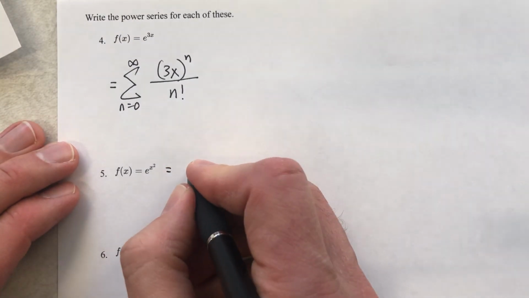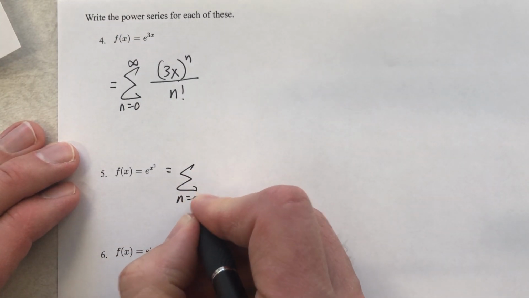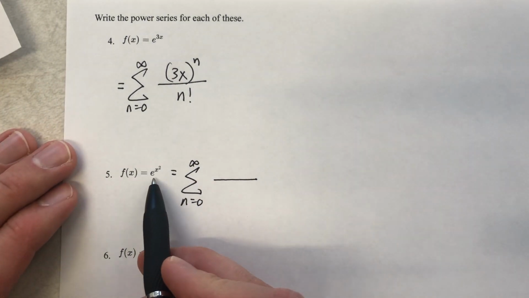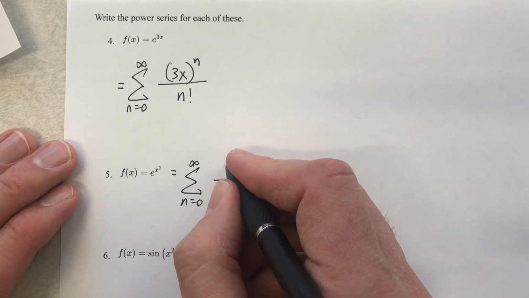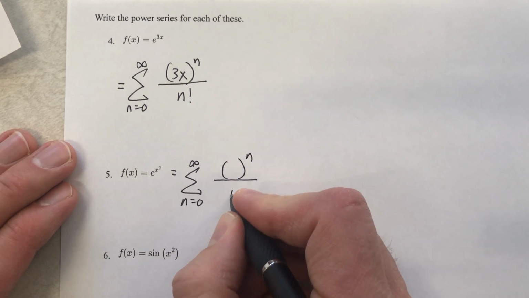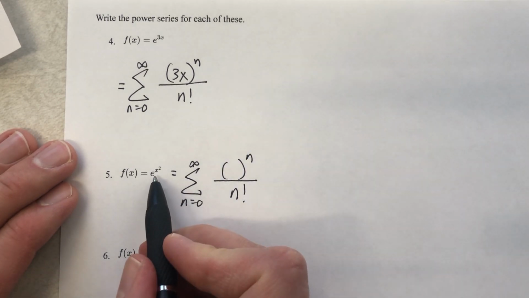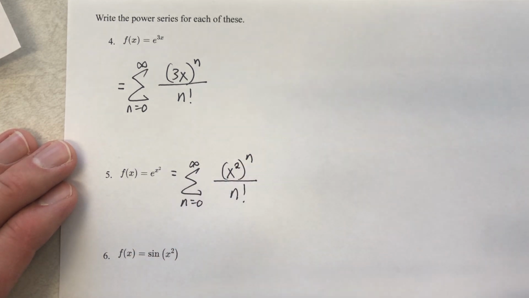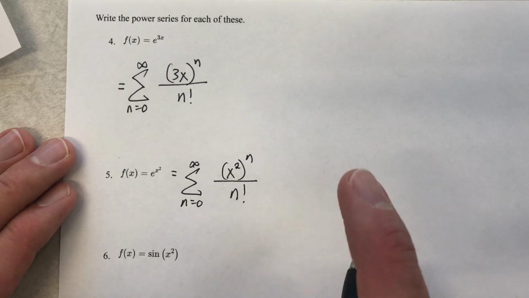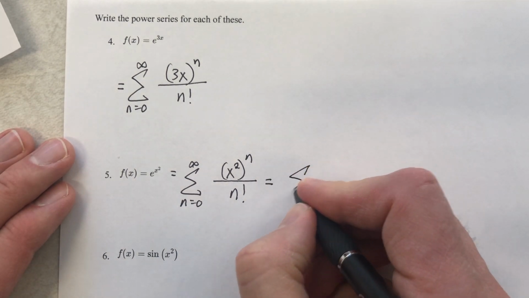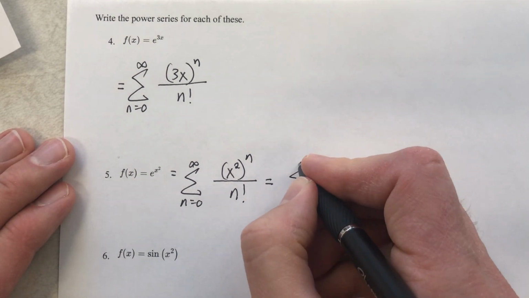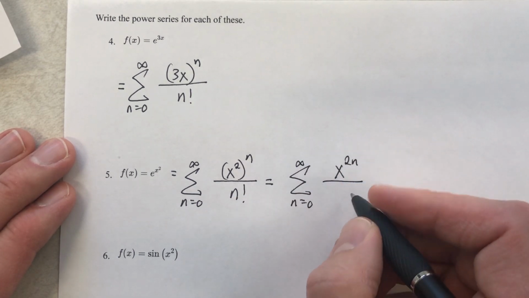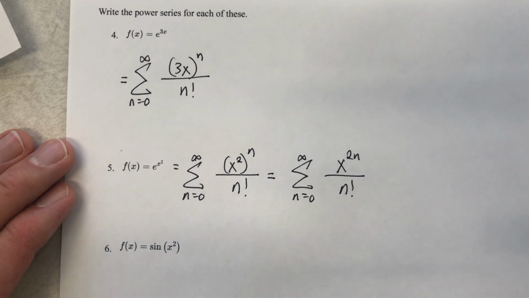So this is equal to the sum from 0 to infinity of, okay, the power series for e to the x is x to the n over n factorial. This is not e to the x, it's e to the x squared. So this is x squared to the n. This is acceptable. I'm going to go a little further and use properties of exponents and say, well, you know what? I can multiply those and I'd have x to the 2n over n factorial.